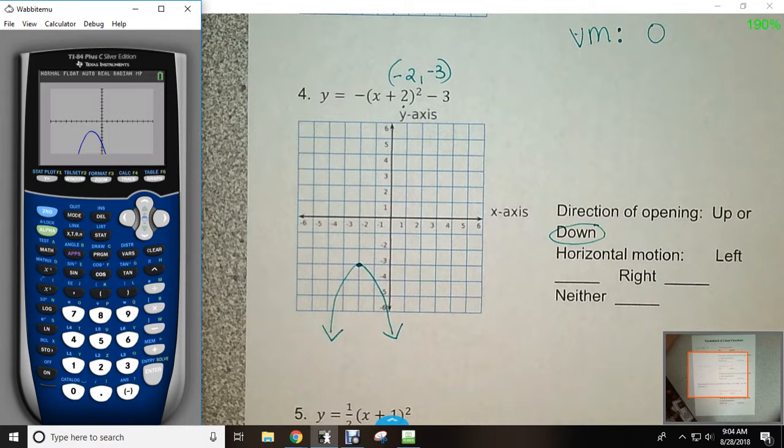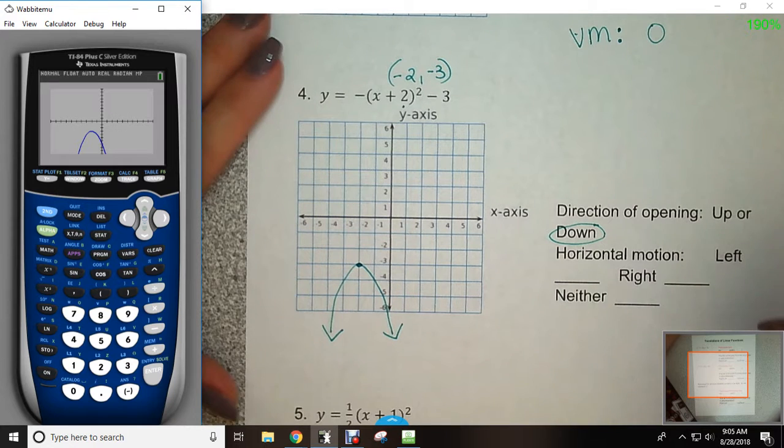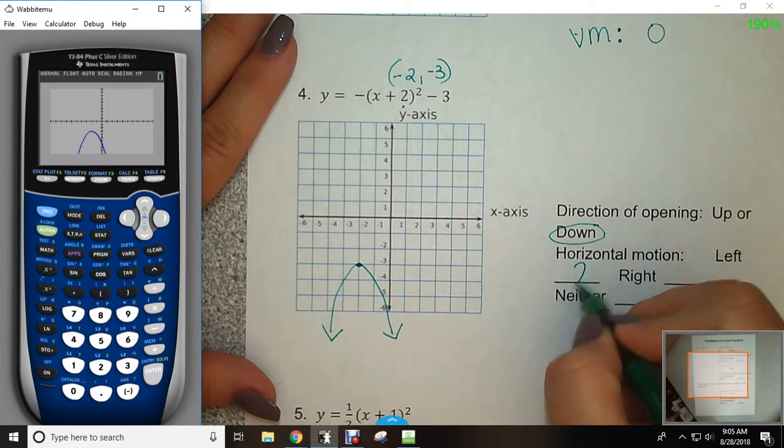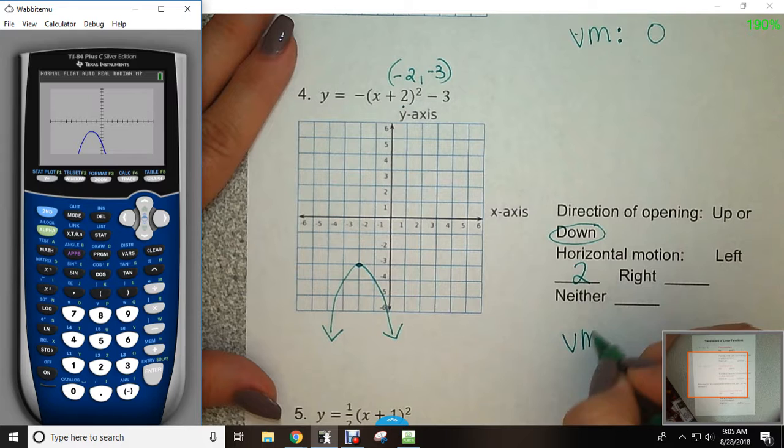It is just shifted over and down and flipped upside down. So now my horizontal motion, I went to the left 2, and the vertical motion, I moved down 3.